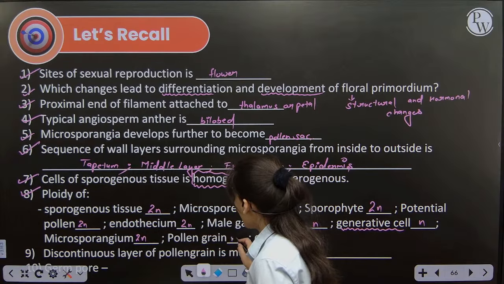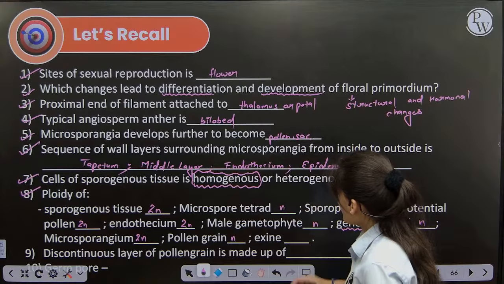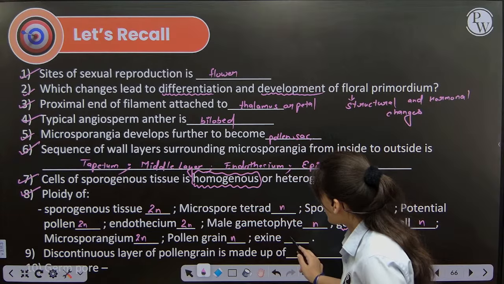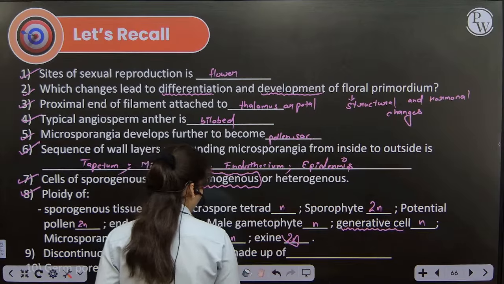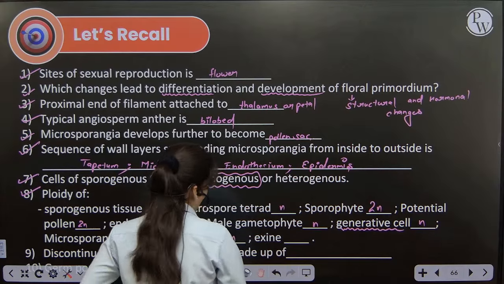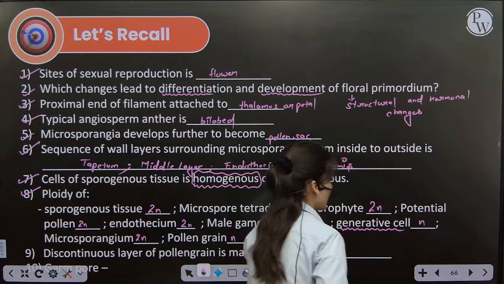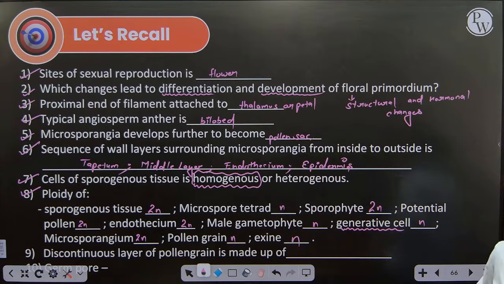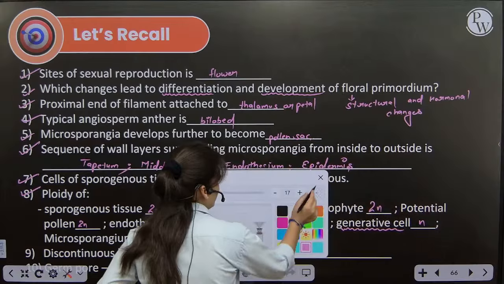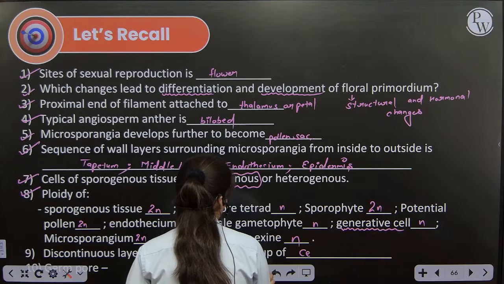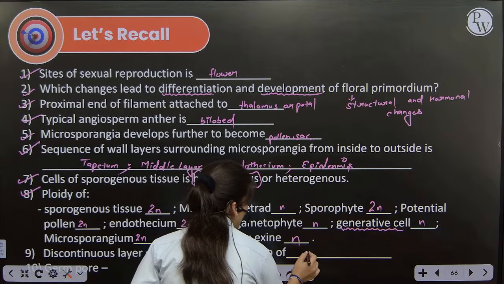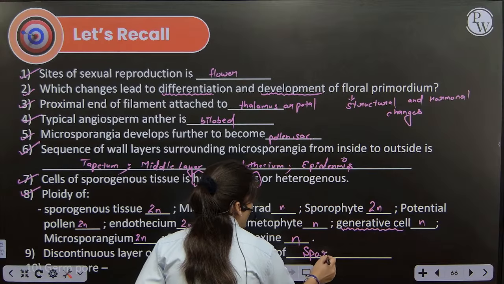The pollen grain is the male gametophyte, so it is N. The outermost layer, the exine, is part of the microspore, so it is N. Next question. This continuous layer of the pollen grain is made up of, that means inner layer or outer layer. This continuous layer is the exine, and the exine is made up of sporopollenin.